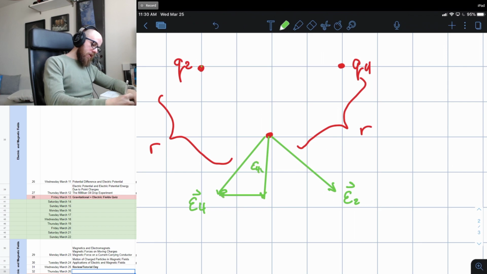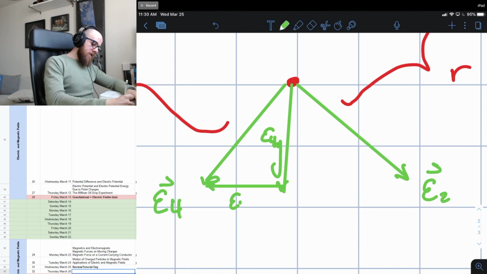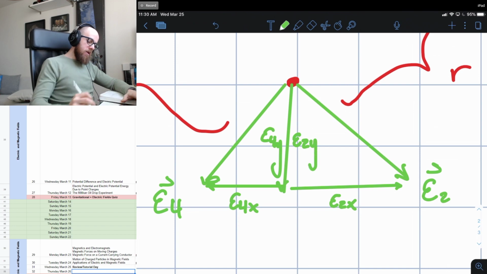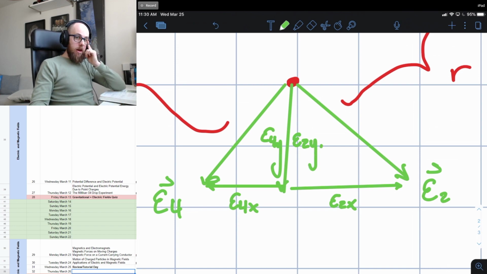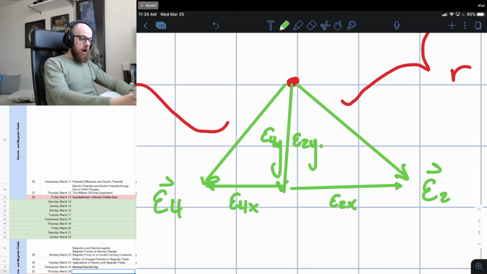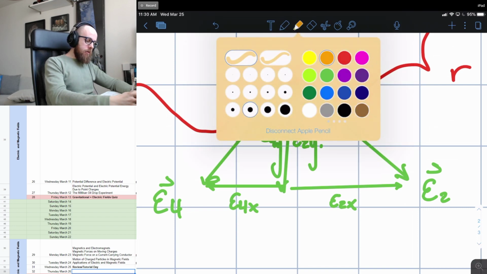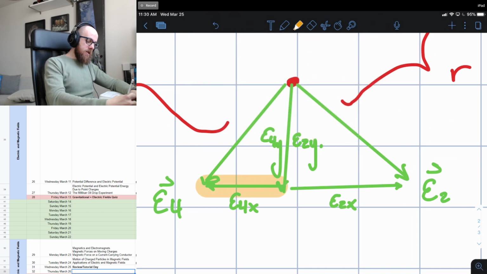I have E4x and E4y, and if I look at this other vector, I have E2x and E2y. Just like you said, Costa, I immediately recognize, look at E4x and E2x.